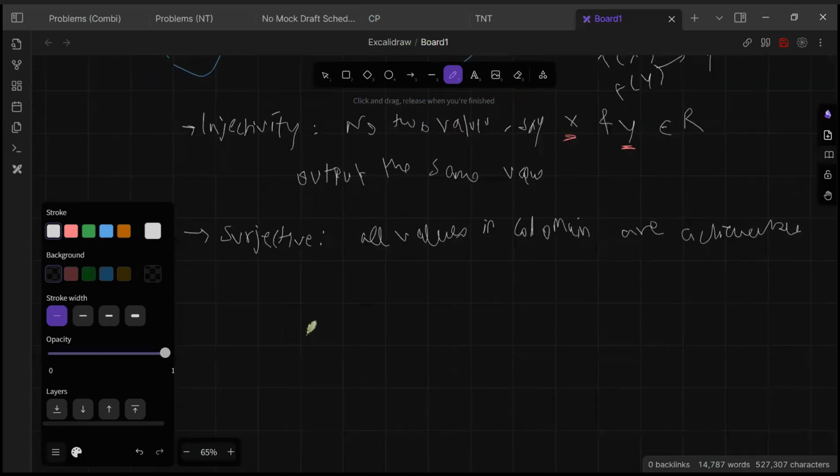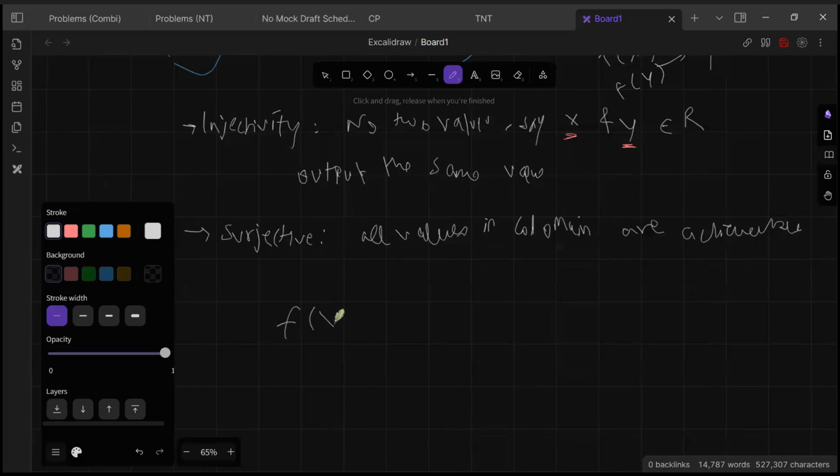If I have something like f(x) = kx, then it is surjective, because if I choose x/k, then this will be k times x/k, which is equal to x. So all values of x are achievable if I plug in x/k. Again, k is not equal to 0.